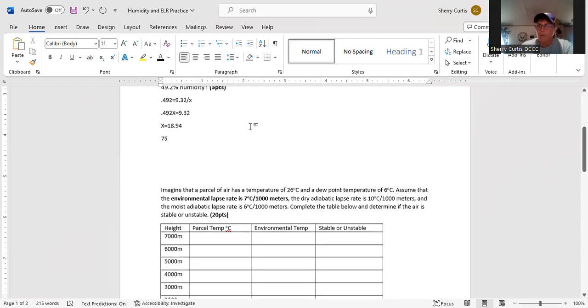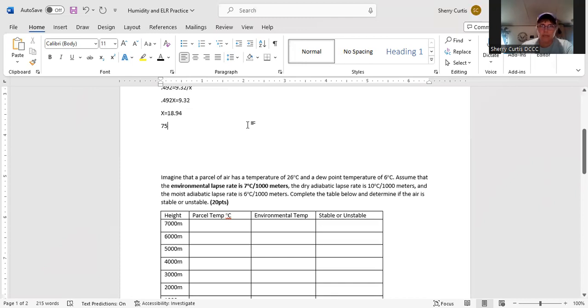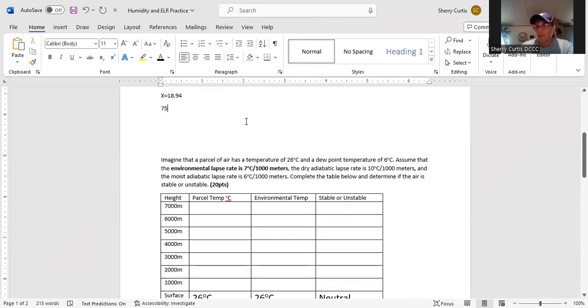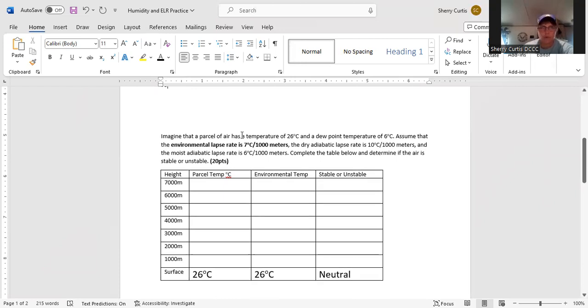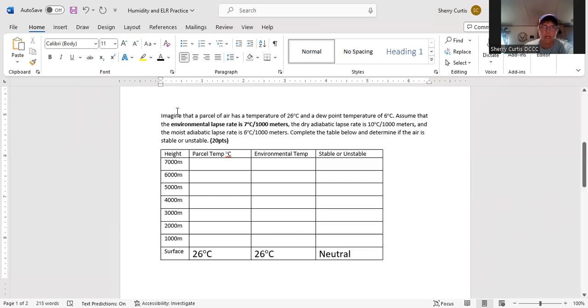The next one that people really seem to struggle with is the lapse rate table. The first question on that part just looks at the environmental lapse rate. It's not too terribly difficult, but people tend to struggle with the table. Imagine a parcel of air that has 26 degrees Celsius and a dew point temperature of 6 degrees Celsius.